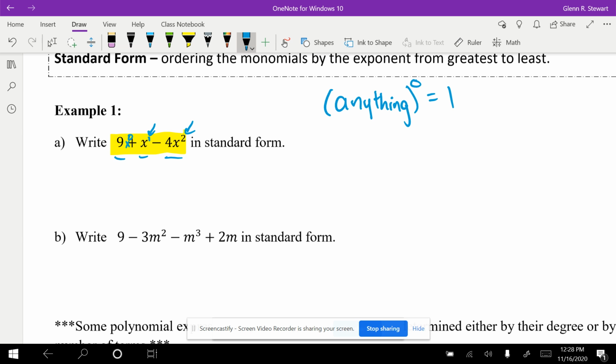So that's how we look at it. In this case, if I was rewriting this, I would start with negative 4x squared plus x plus 9.